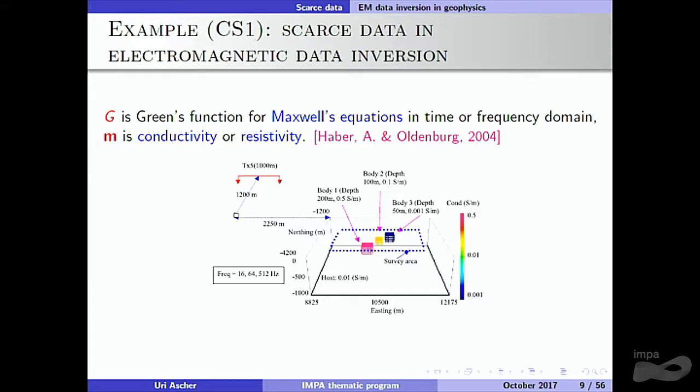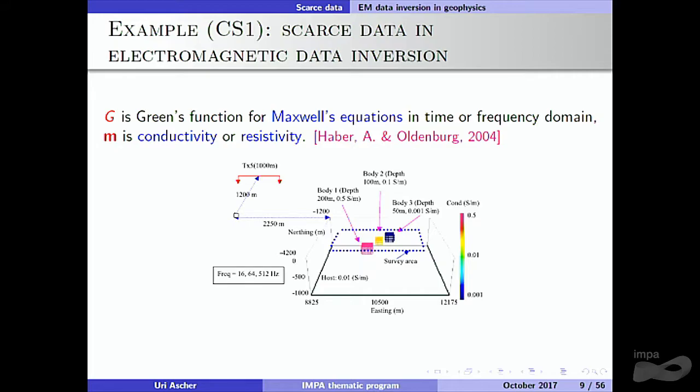The amount of data is so scarce that you are not going to interpolate it. I hope everybody would agree intuitively that this is too much. If you can interpolate or extrapolate this data to fill the entire box, why do you need the PDE? Who needs Maxwell? It makes no sense.